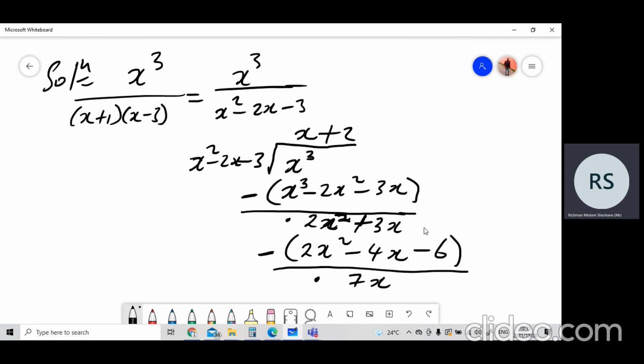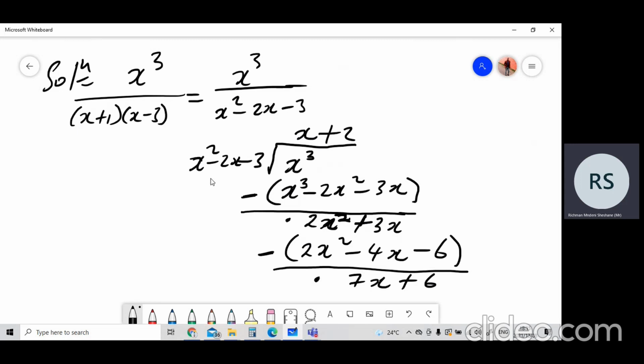Then we have the constant 0 minus minus 6, so 0 plus 6 is 6. Now we keep dividing until the highest power here is less than that of the divisor. Now we can't divide this by x squared, so we stop.